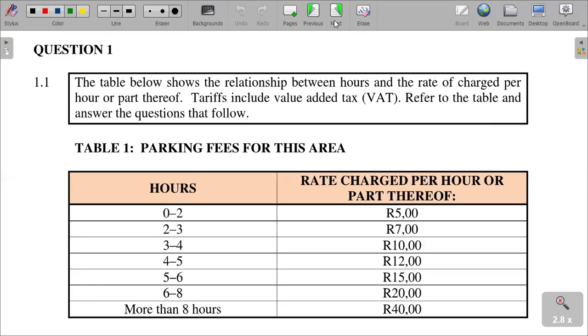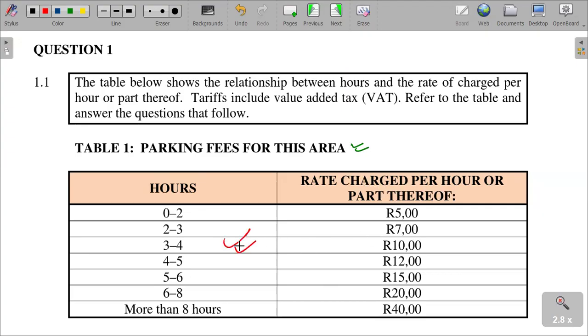The table below shows the relationship between hours and the rate charged per hour or part thereof. Tariffs include value-added tax, VAT. Refer to the table and answer the questions that follow. That is the table of parking fees for this area. We can see hours 0 to 2, rate charged per hour or part thereof.